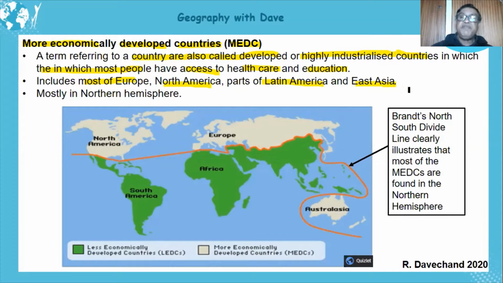If we look at the world map, learners, we would find that we use this line known as Brandt's North-South divide line.